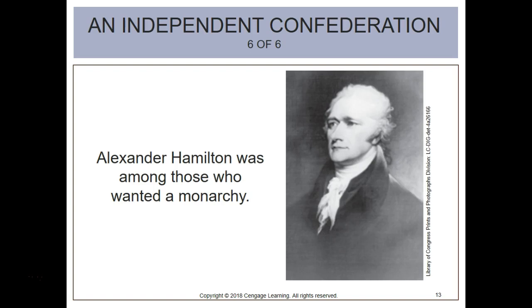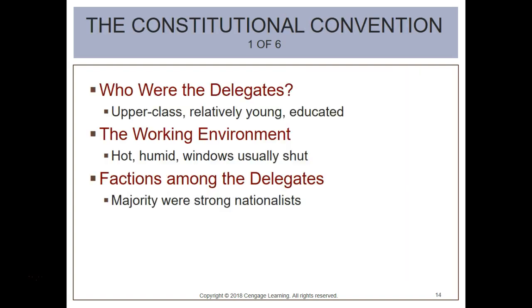Alexander Hamilton is notorious for his love of a big system. He was very much a federalist. He wanted government control. He wanted a monarchy. He wanted one person in charge. That's what a monarchy is, sort of like a kingship. So ultimately, we have a constitutional convention.